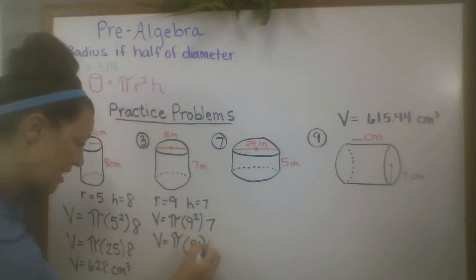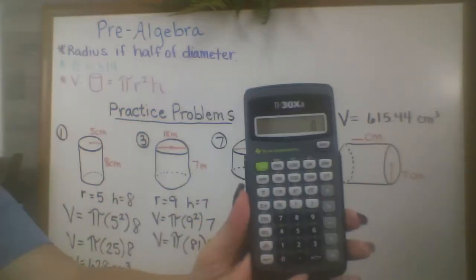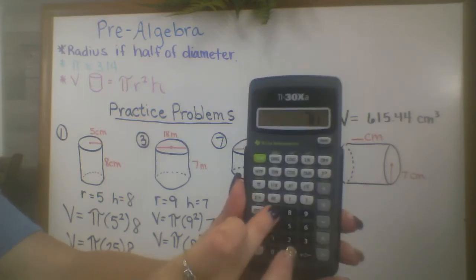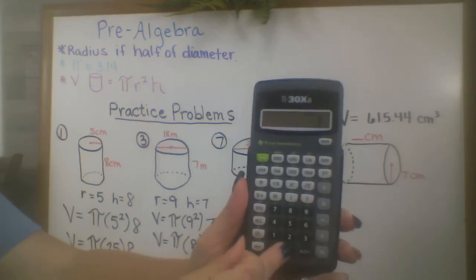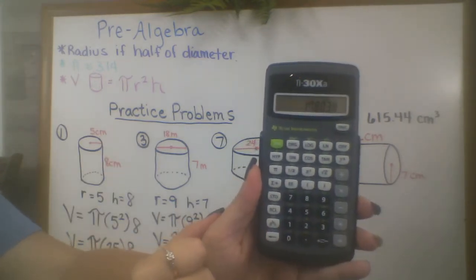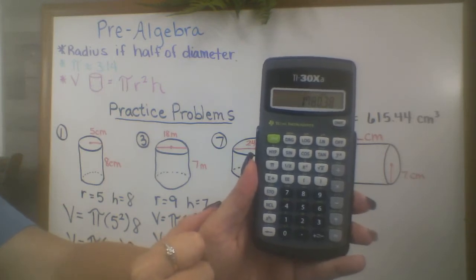So now we have volume equals pi times, what's 9 times 9? Good, 81 times 7. And now we're ready for our calculator. So take out your calculator. Let's multiply 81 times 7 times 3.14. And our answer here, if they asked us to round to the nearest hundredth, we would just leave it how it is.